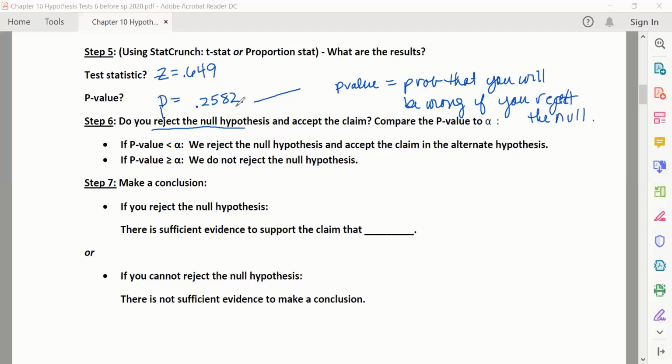And 25% are terrible odds. So we're not going to reject the null hypothesis because our p-value is too high. Okay, it's like a 1 in 4 chance you can be wrong.